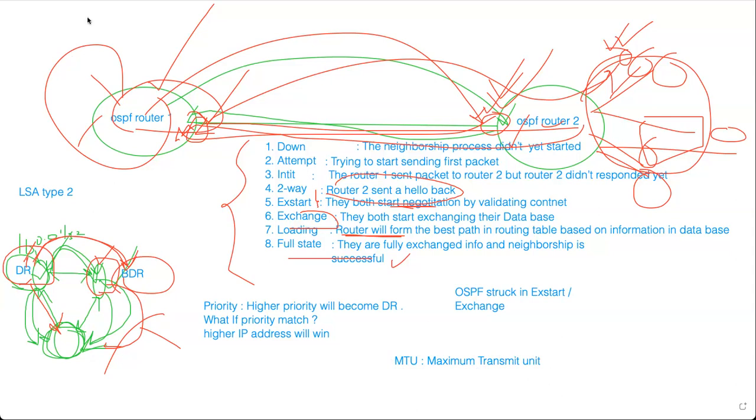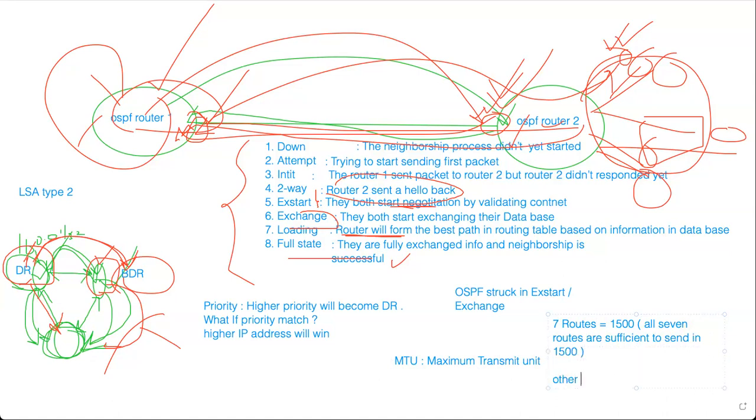For example, if your data has 7 routes, and if your MTU is 1500, all 7 routes are sufficient to send in 1500.